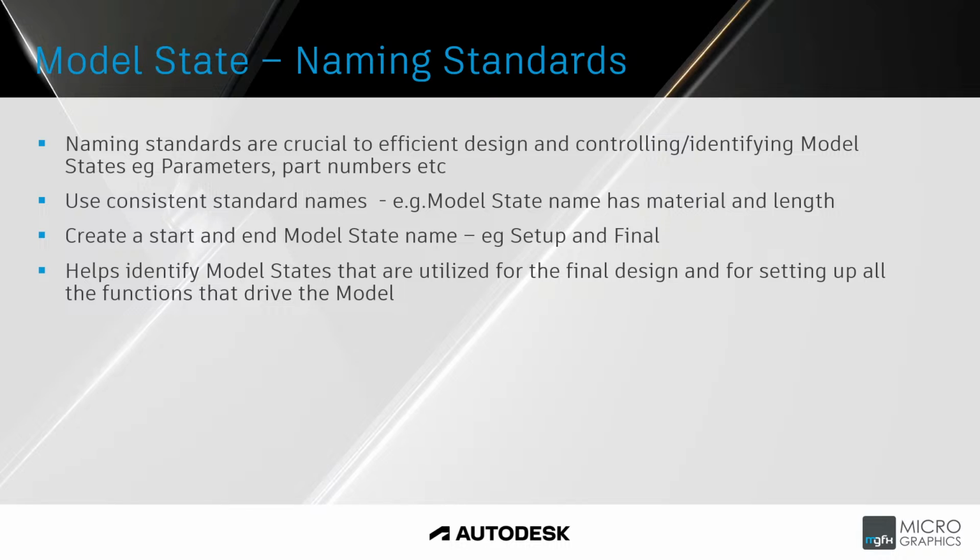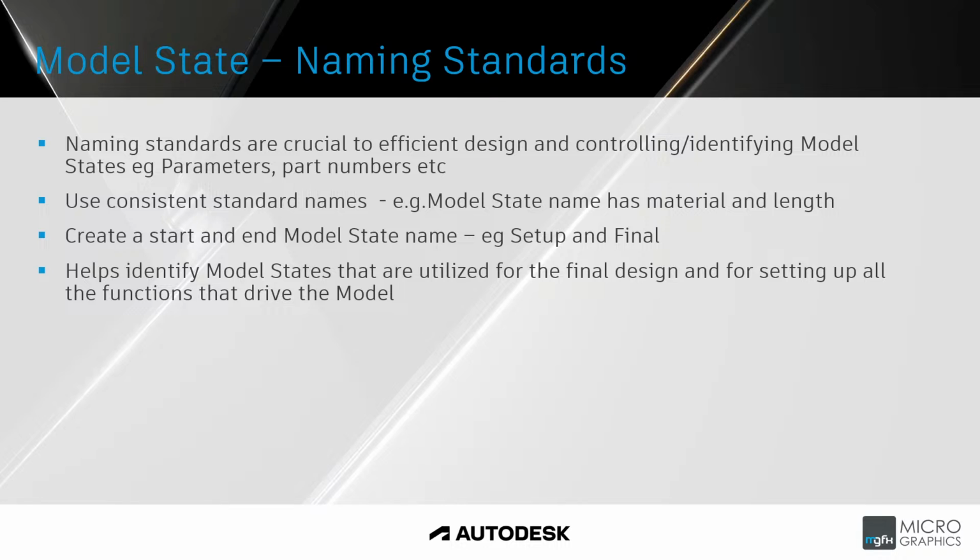Now, with your model states, it is the same thing. For each model state, you want to know what model state it is, because you might create a part with 10 different model states, and then you want to take that model state and bring it into an assembly. Which model state do you bring in?